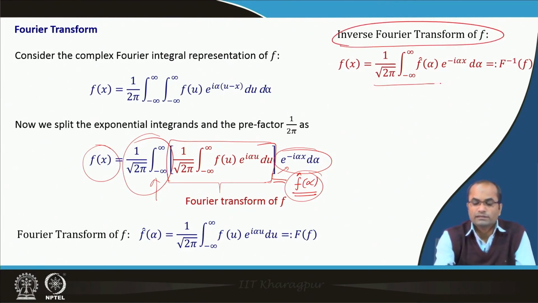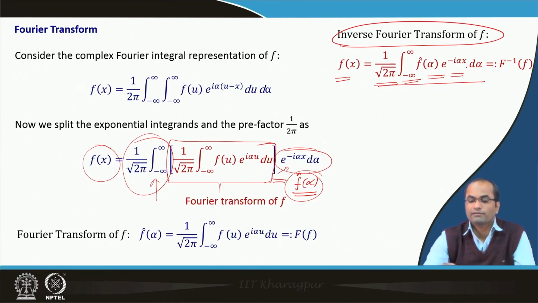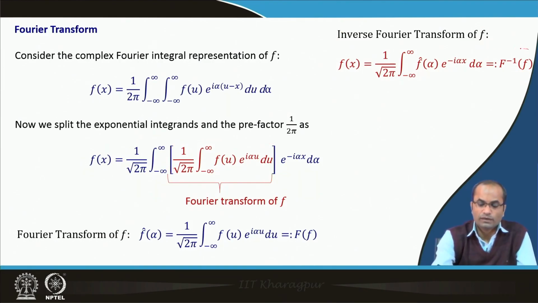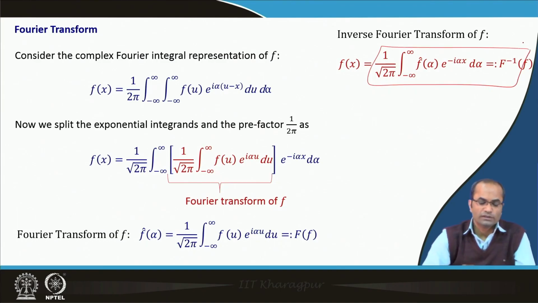It is given by this formula, that f(x) is equal to 1 over square root 2 pi, minus infinity to plus infinity, f hat of alpha e power minus i alpha x d alpha, and the notation we use here is the inverse of F operated on f hat. So the inverse Fourier transform is given by this formula. So what is the difference?